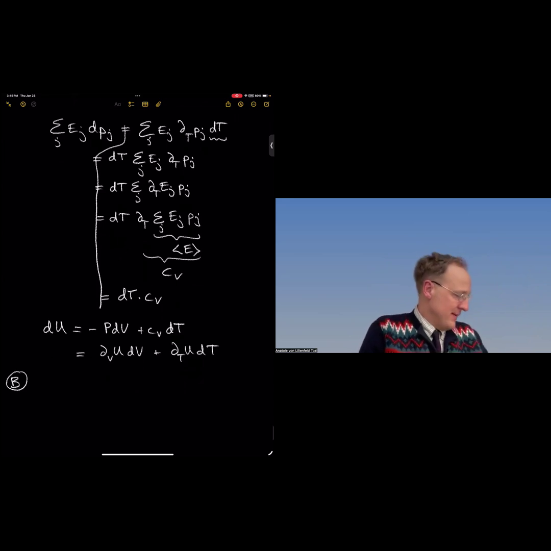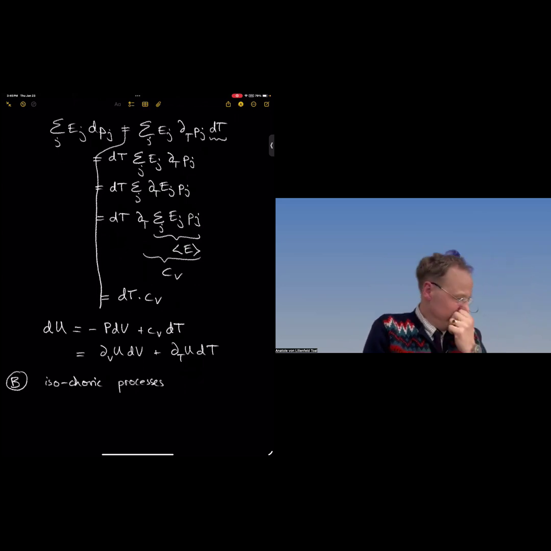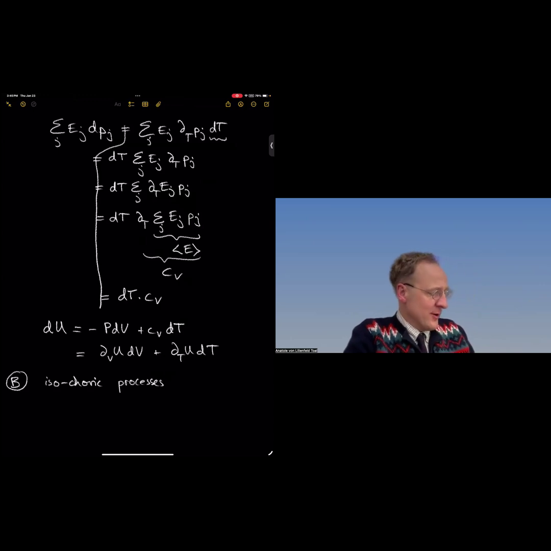to case B, which is about isochoric processes. The isochoric process is the process where you would have a constant volume, right?